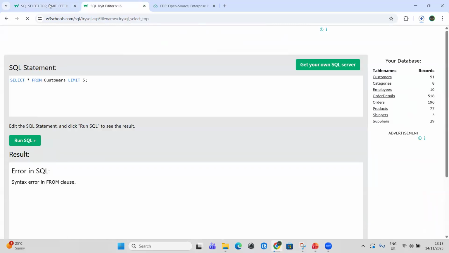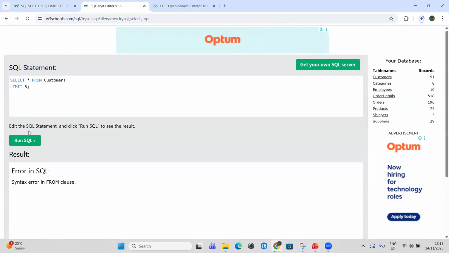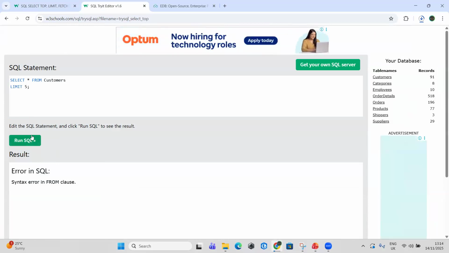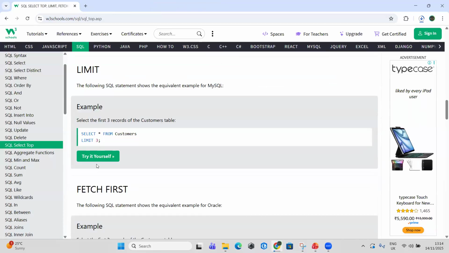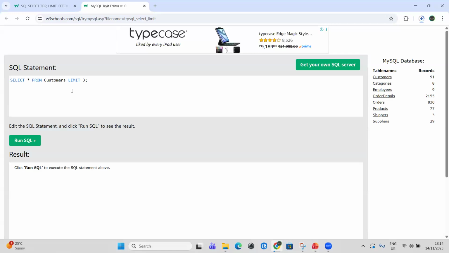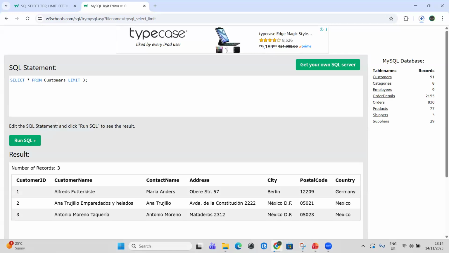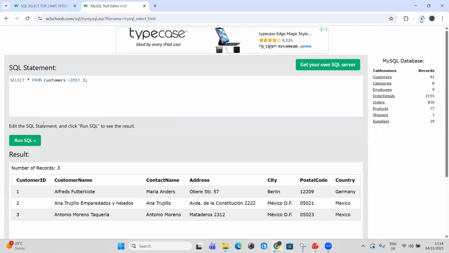Select star from customers limit three. I don't know why that time it was not working. Instead of top three, we can do limit three.